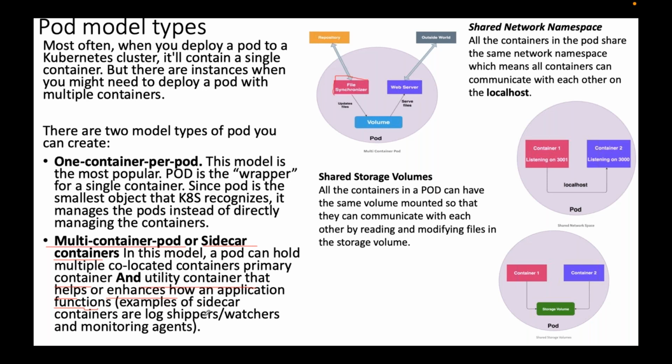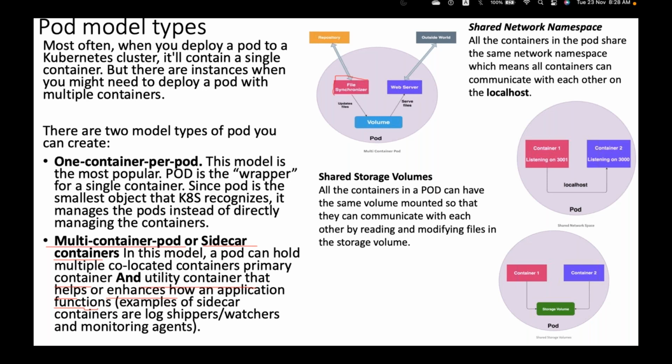Or we can have network proxies as a sidecar. You can enhance the functionality of your application without touching this application with the help of a helper container, like log shippers, monitoring agents. If you want to monitor this application container, then you can have that agent as a sidecar, a helper. So this is how you can have a multi-container pod, sidecar containers.